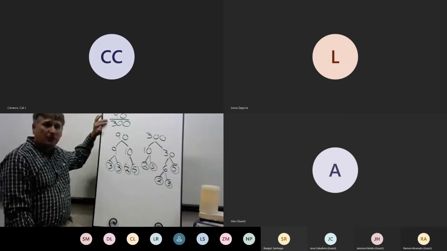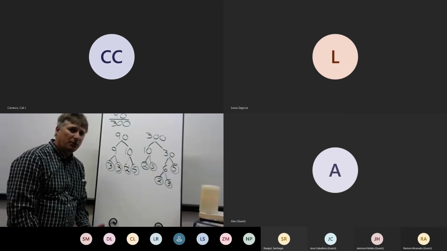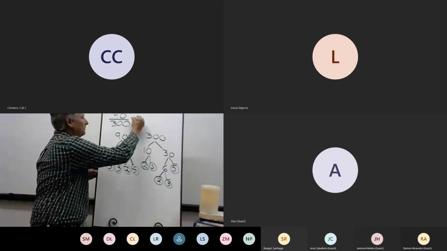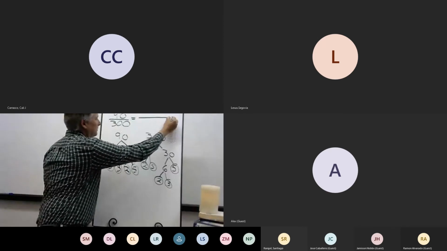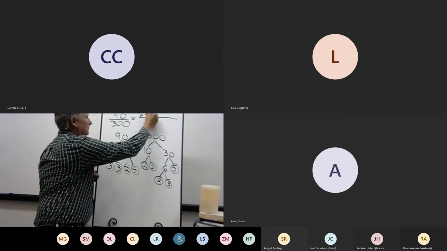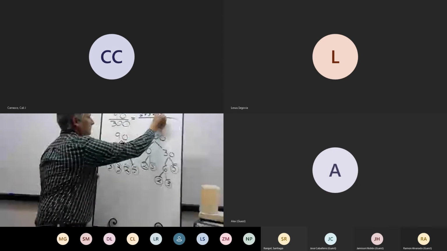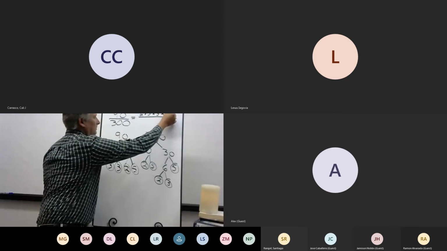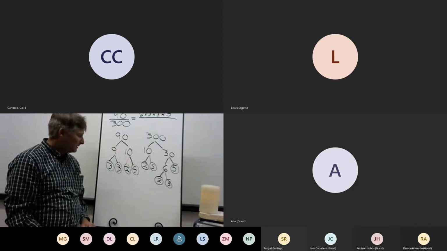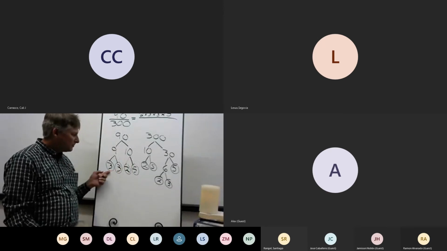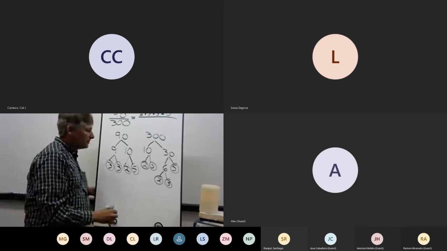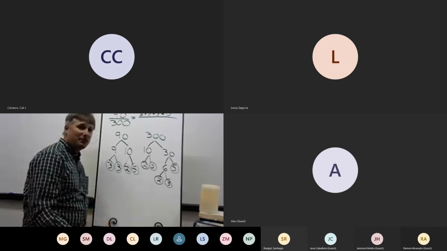Now, to reduce this, we're going to rewrite 90 and 300 using just the prime factorizations. So you have 2 times 3 times 3 times 5. That's going to give you 90. Now for this one, we have 2 times 2 times 3 times 5 times 5.